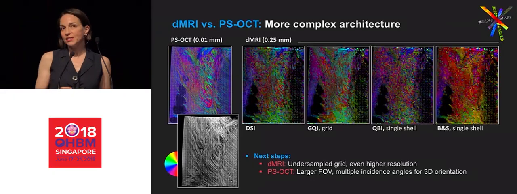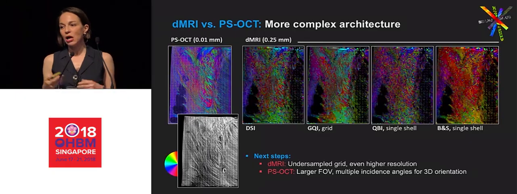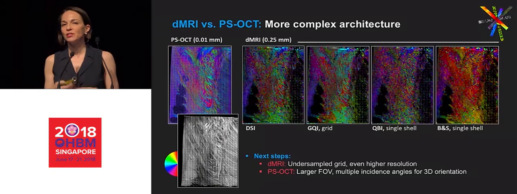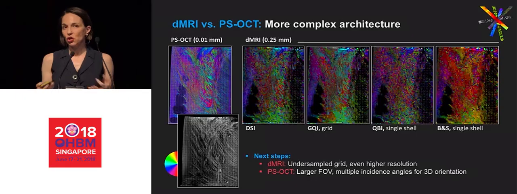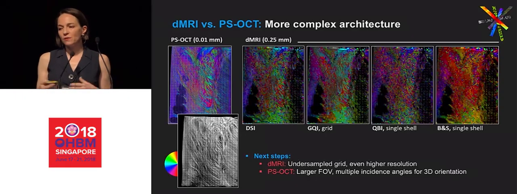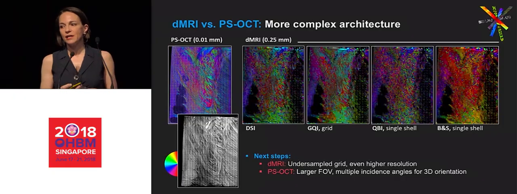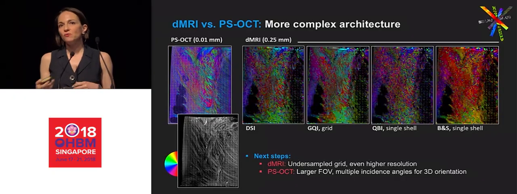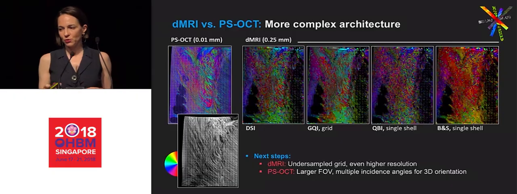And on the PS-OCT side, there are efforts underway to build a new rig that can collect larger field of view, even going up to the whole brain. And in the more immediate term, collect data with multiple incidence angles to validate 3D rather than just in-plane orientation.